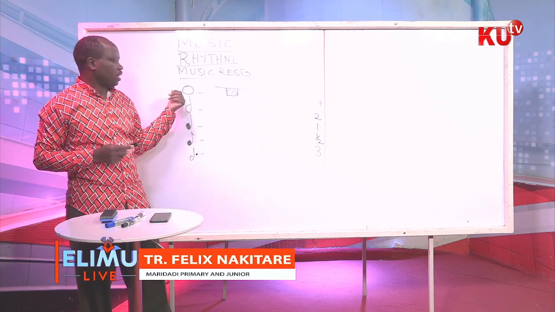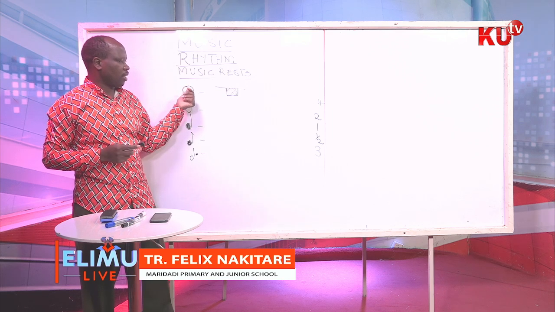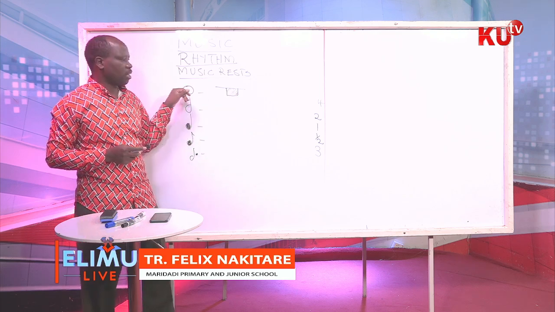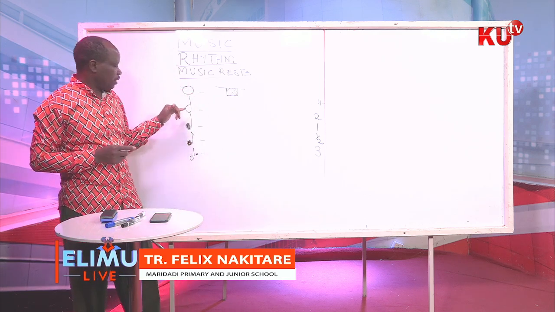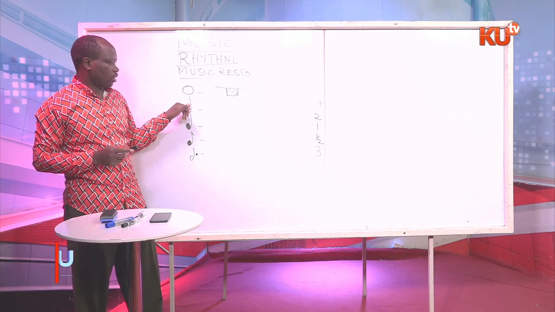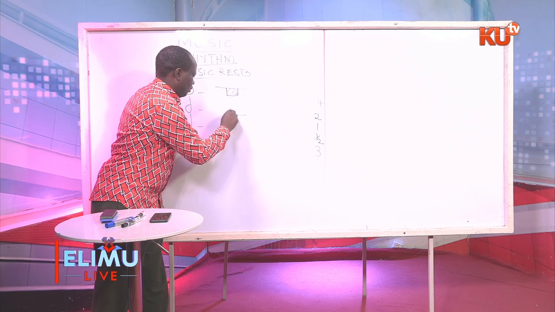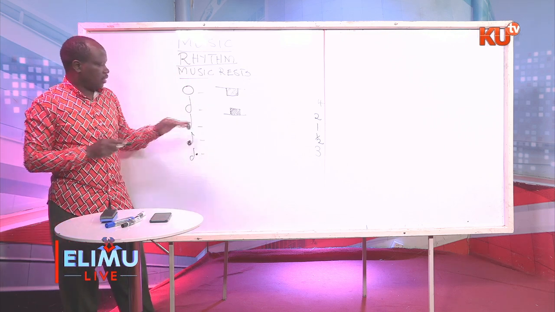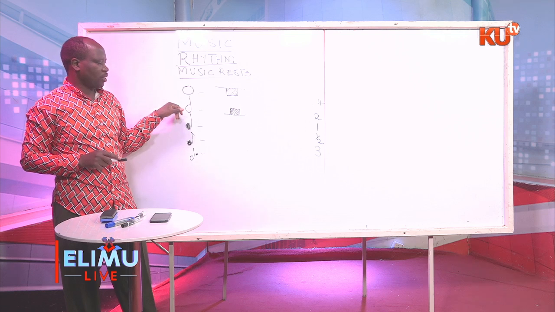If it is music notes, then you have 4 beats where you pronounce your words. Therefore, this is the rest that represents the semi-breve. Then you have the rest that represents the minim note.